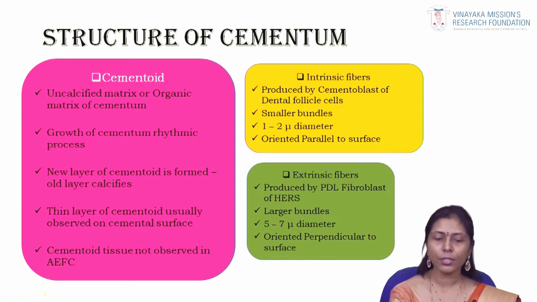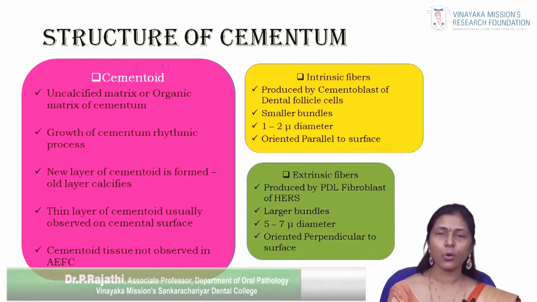Next, coming to the structure of cementum. I have already said the organic matrix of cementum is called cementoid. Cementoid is the uncalcified, organic matrix of cementum. The growth of cementum is a rhythmic process.